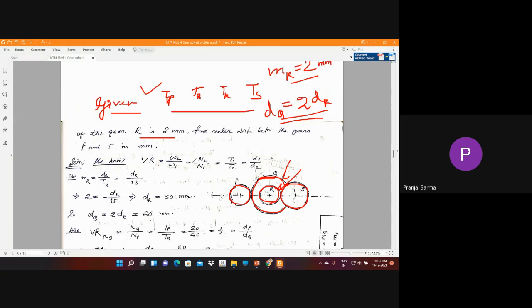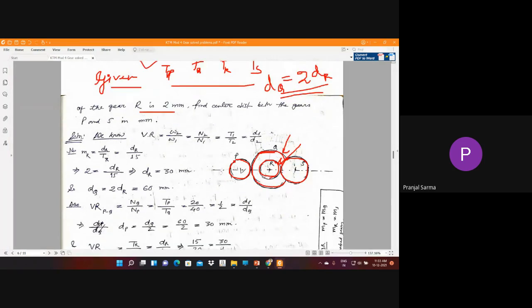And what you need to find is the center distance between the gears P and S. What do we understand by center distance? Center distance is nothing but this distance, from center to center. So this much distance in millimeter we need. Now there may be multiple ways of solving this particular problem. You can use the relationship of the velocity ratio.